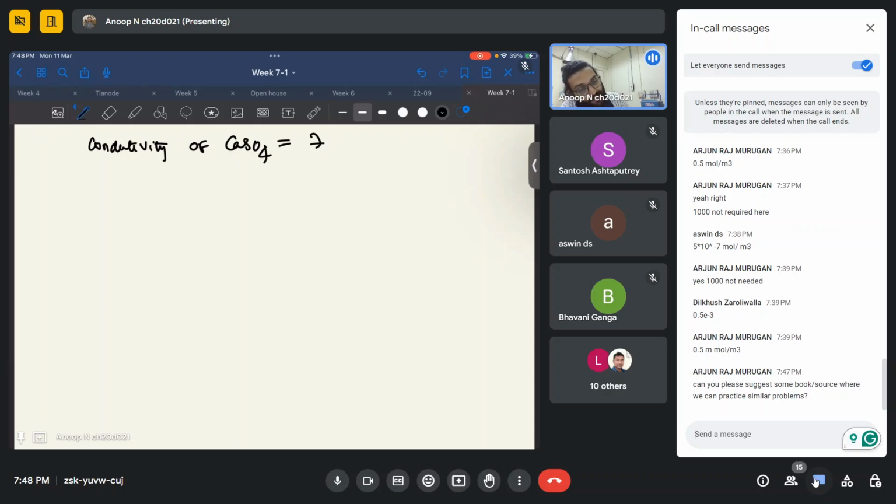Then we have the conductivity of Na2SO4, from which we can find the conductivity of CaSO4. We are considering the conductivity of water to be negligible. So we can write 7 minus 2.6 into 10 raised to minus 4, which is equal to 4.4 into 10 raised to minus 4 Siemens centimeter raised to minus 1.